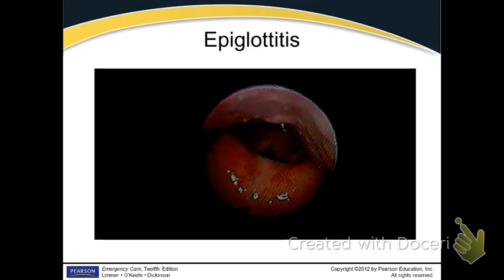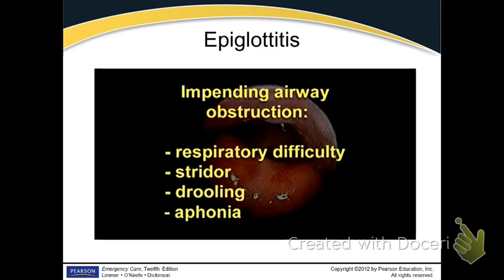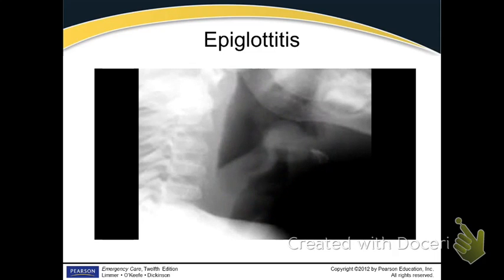Signs and symptoms alerting impending airway obstruction include respiratory difficulty, stridor, drooling, and aphonia. Lateral cervical soft tissue x-rays can be a sensitive indicator of epiglottitis. However, normal x-rays do not exclude epiglottitis.